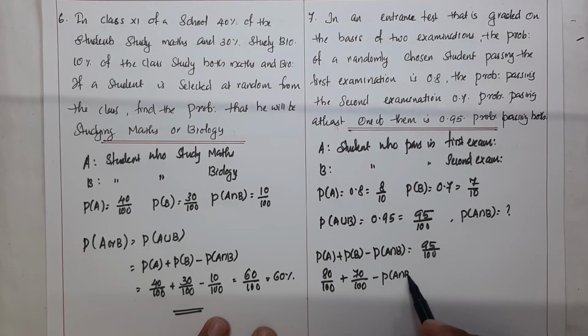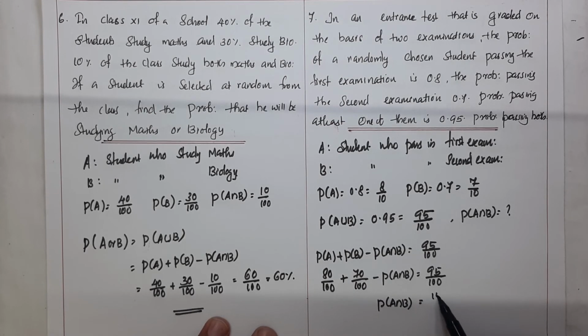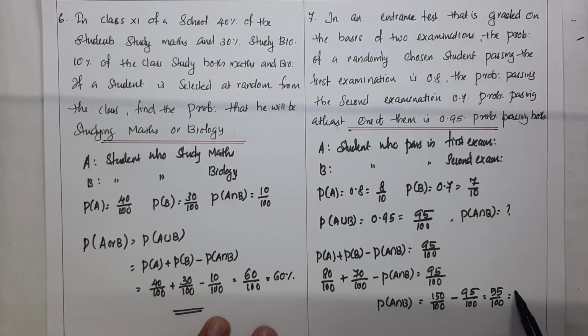That is equal to 95 divided by 100, and therefore P of A intersection B is the left side, 80 plus 70, equal to 150 divided by 100, minus 95 by 100, equal to 55 divided by 100, equal to 0.55.